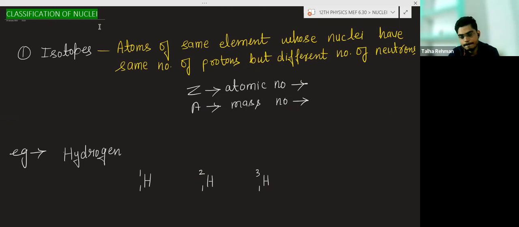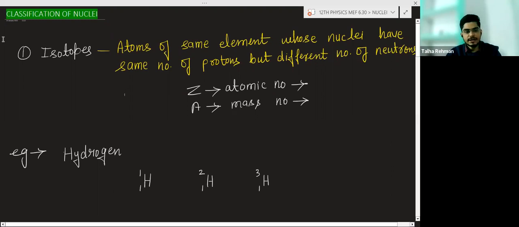And one thing here I want to tell you, element will be decided by the atomic number. If the atomic number is the same, then the element will remain the same.